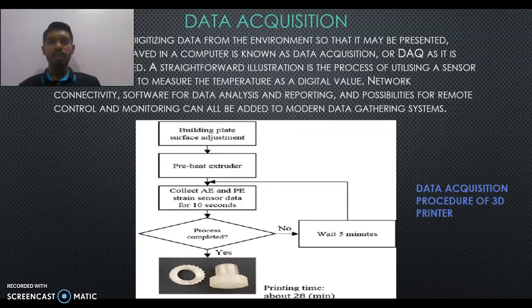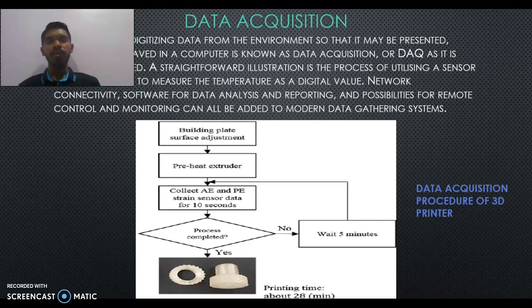Data acquisition, the process of digitizing data from the environment so that it may be presented, examined, and saved in the computer, is known as data acquisition, or DAQ as it is frequently called.